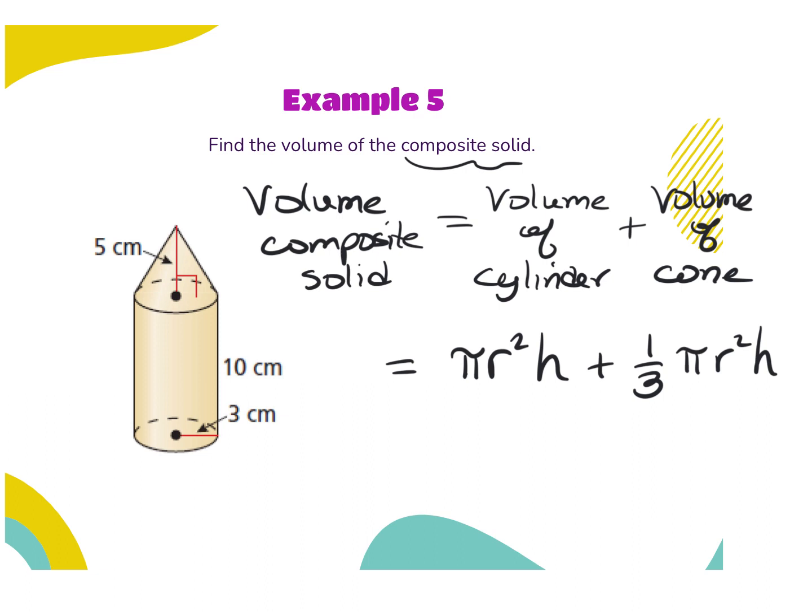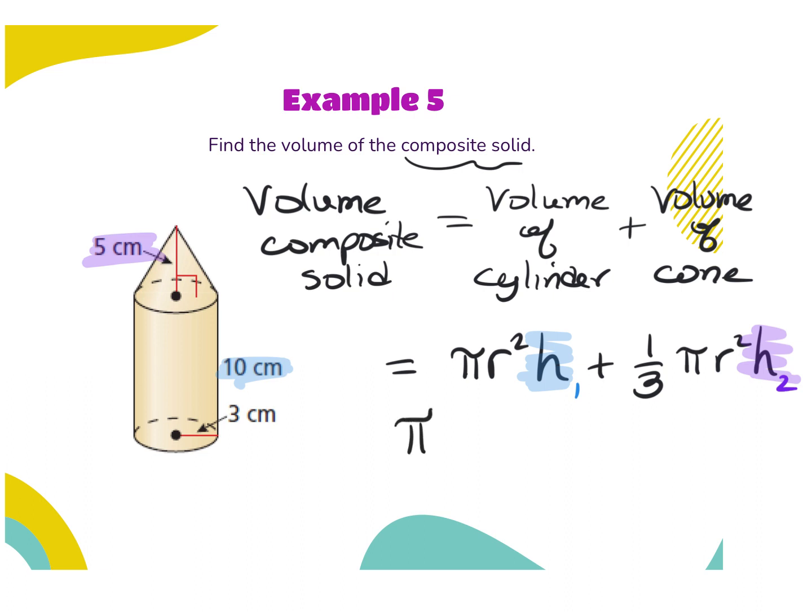So this is the height of the cylinder, and this is the height for the cone. So there are two different H's. If you want to put a little 1 here to show the difference, you can do that, but you don't have to. Just remember, the H's are different.